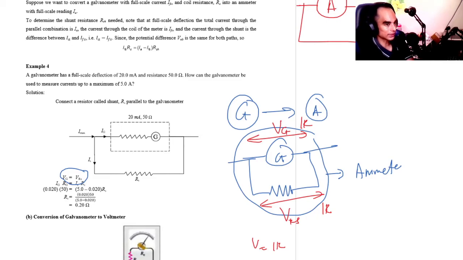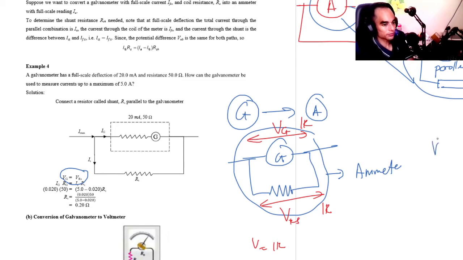But inside the ammeter, the galvanometer is connected in parallel. So ammeter is connected in series to a circuit, but inside the ammeter, the galvanometer is connected in parallel. Okay.